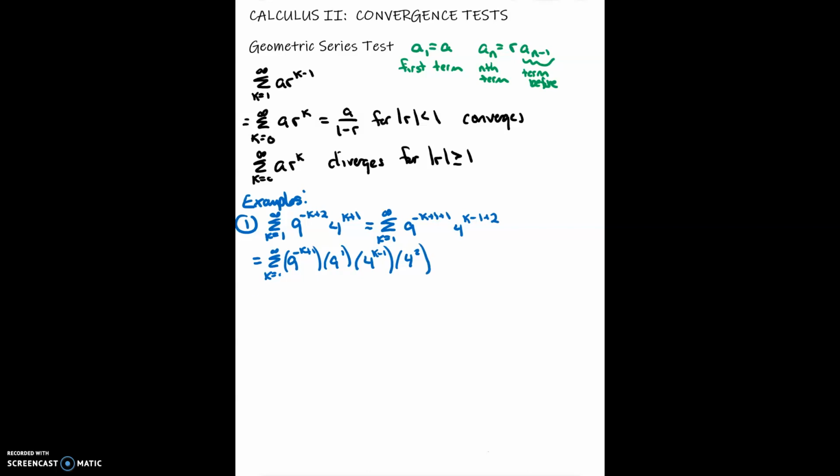Not quite there, but we're getting close. This is the sum as k goes from 1 to infinity of 9 raised to the negative 1 times k minus 1. There it is, there's the k minus 1. And of course, I still have 9 to the first, which is just 9. And this one we have 4 to the k minus 1. That's what I want. 4 squared we can write as 16.